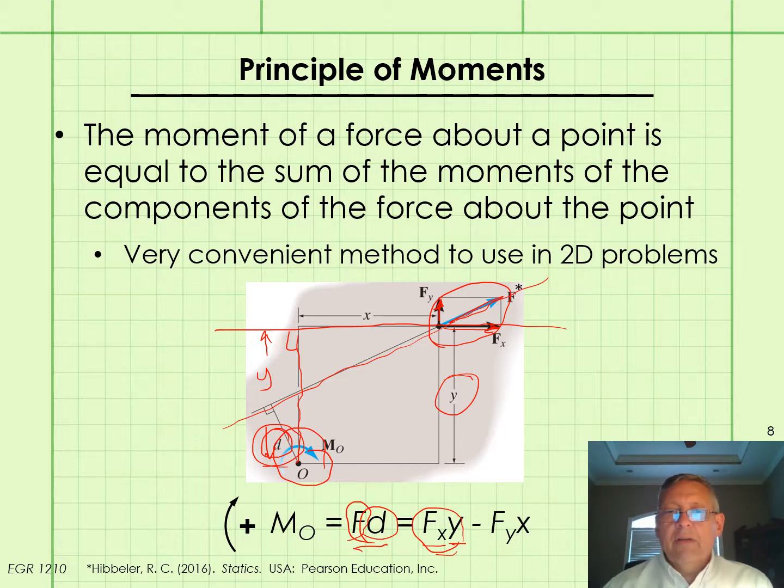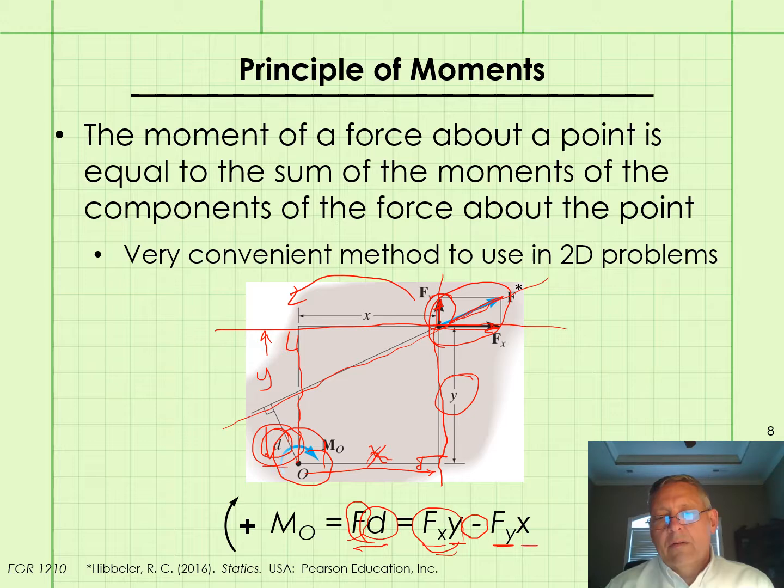Now the Y component of F is right here, and the perpendicular distance from the line of action of F to O is just the X distance from F to O. And F sub Y tends to create a counterclockwise rotation about O, so we're going to have to put a minus sign there.